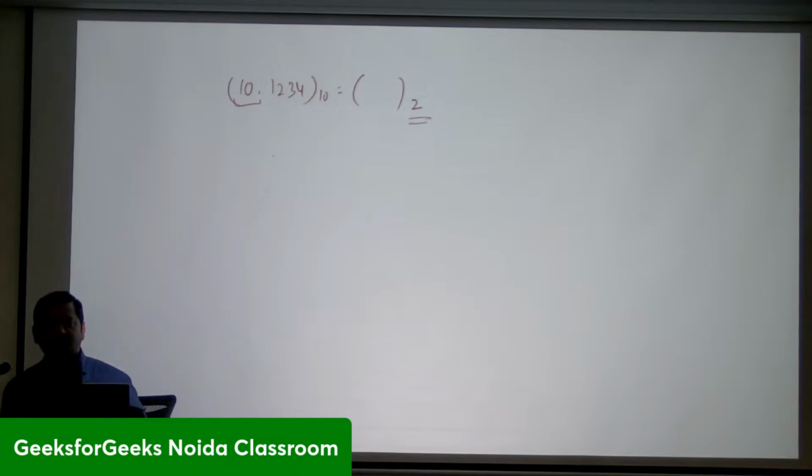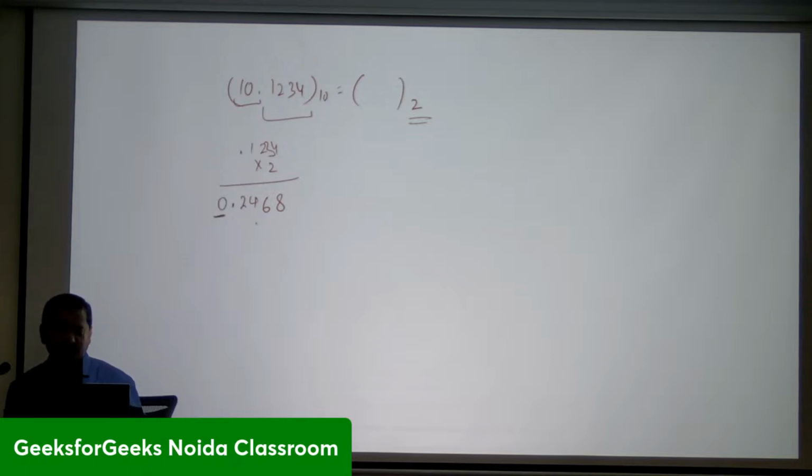All right. But for the fractional term, every time we have to multiply it with 2 and record the integral part. Okay. So we need to have the multiplication like 0.1234 multiplied with 2, and it is going to be 0.2468. So the integral part is 0 over here.